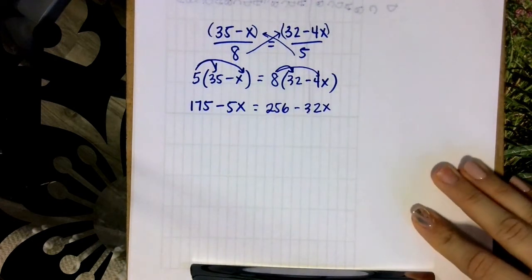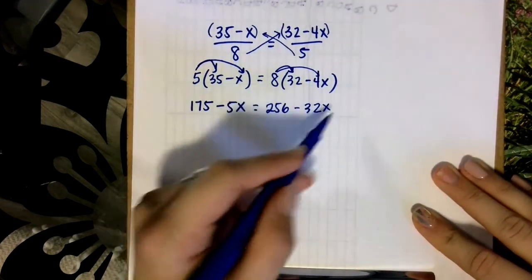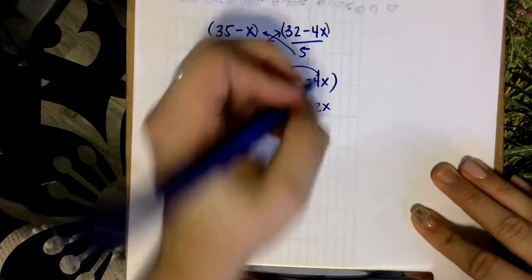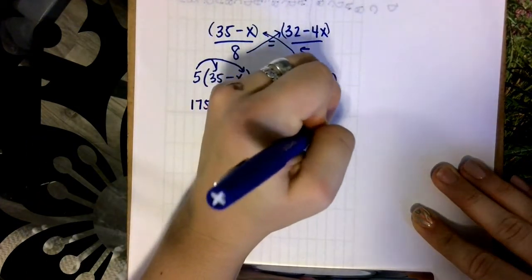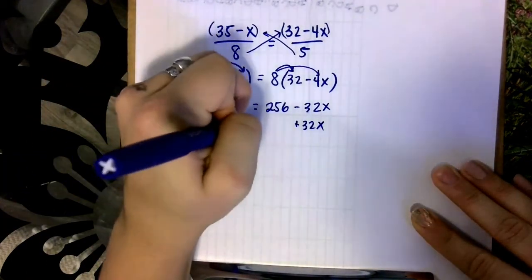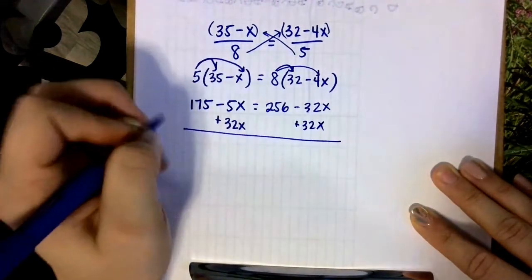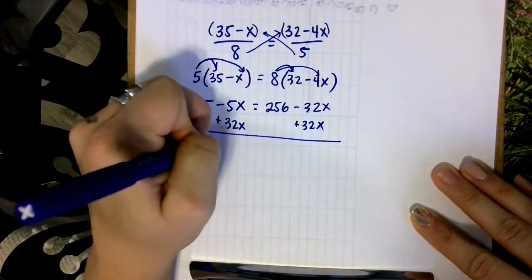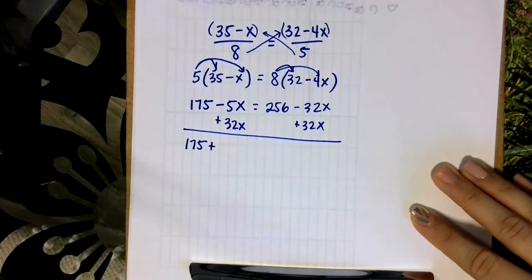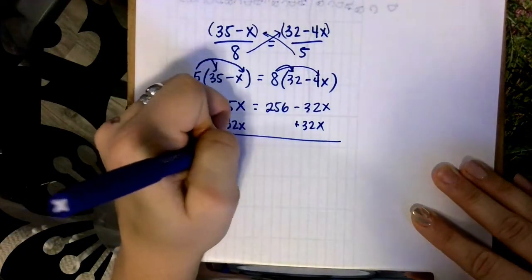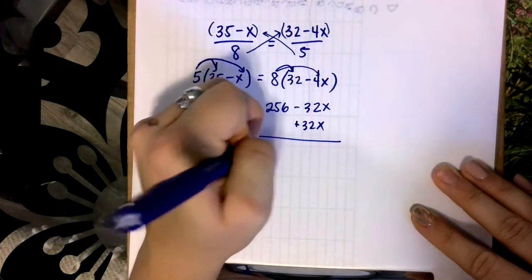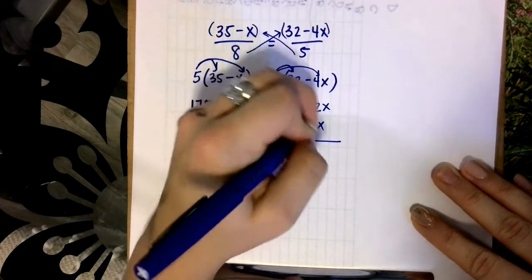All right, so I'm going to move my x's over here. And I have 175 plus 27x equals 256.